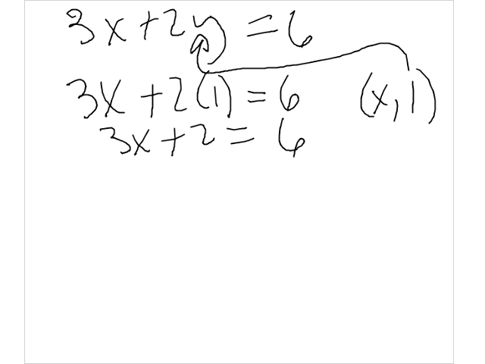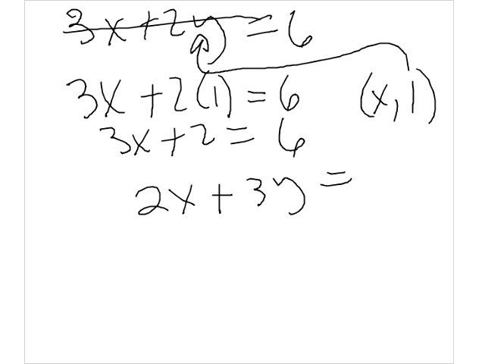Hope I didn't copy that wrong here. 2x plus 3, you know, sorry about that. Sometimes I just write the problem backwards. 2x plus 3y equals 6. Okay, at least I caught myself before I went through the entire question.